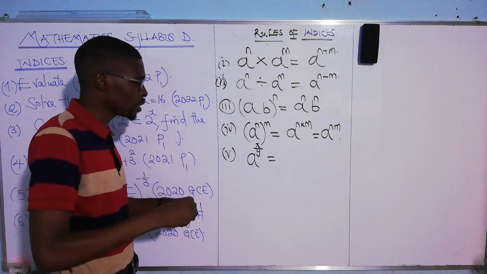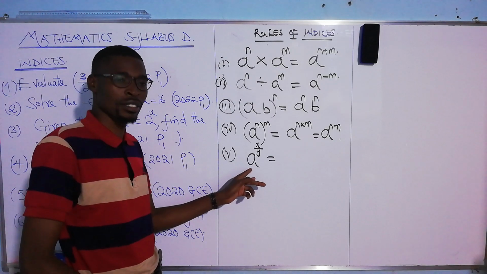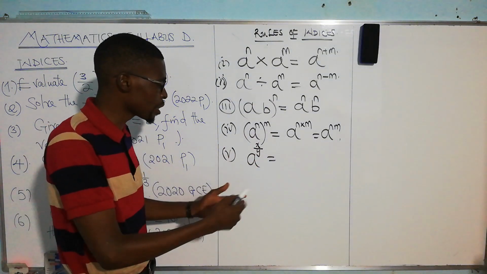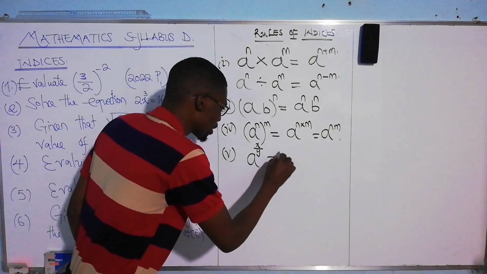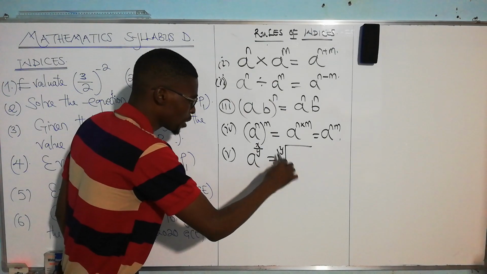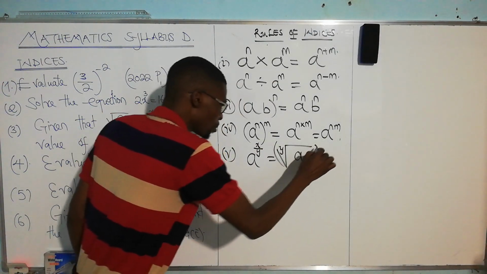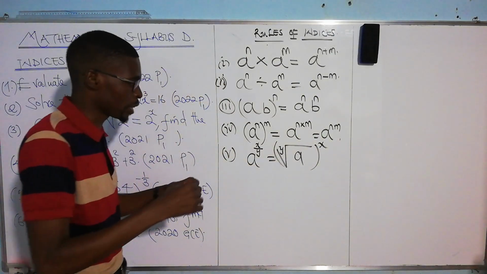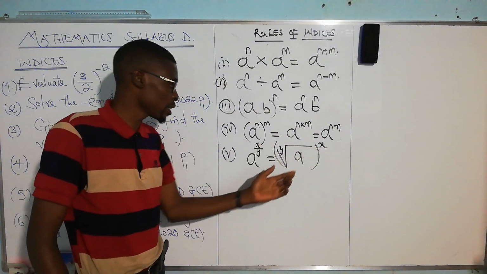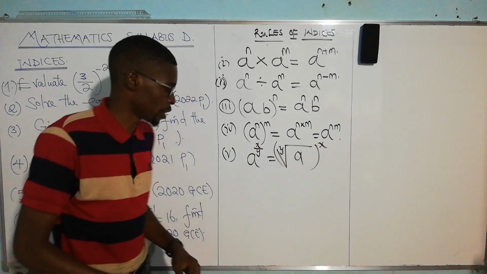So we're saying the yth root of a power x, or exponent x. So the numerator is the exponent, and the denominator here will be the root.